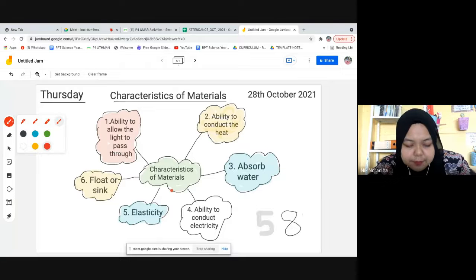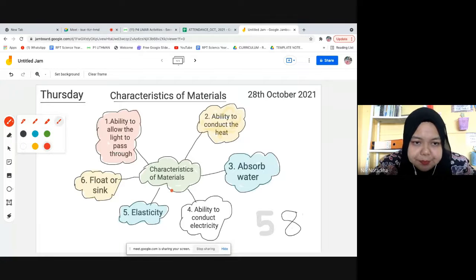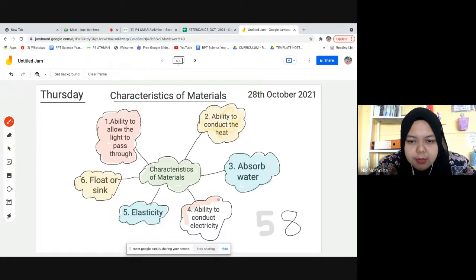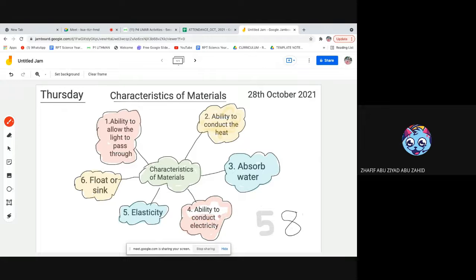Question number 1, read the question properly. What do they want to investigate? What is the experiment all about? Which characteristic of material are they investigating? Teacher, how to spell absorption?